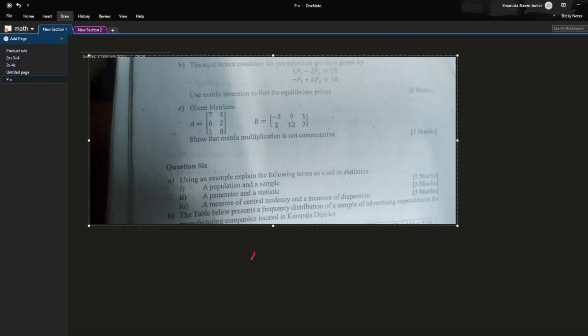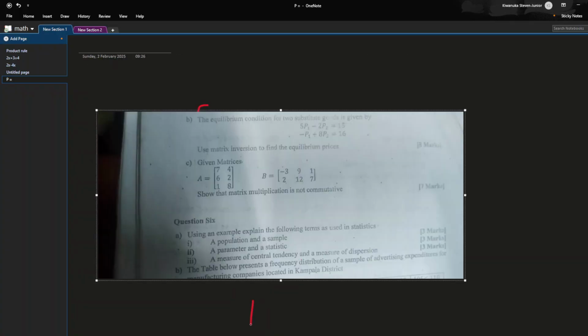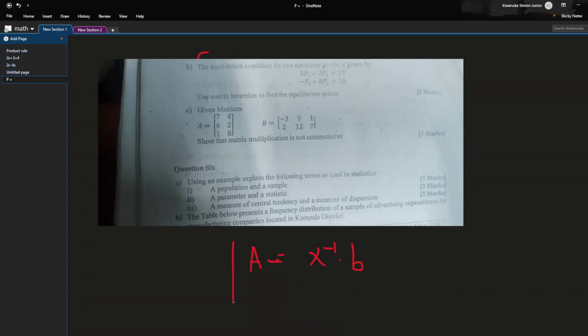So the formula is A equals X inverse dot B. What does this mean?